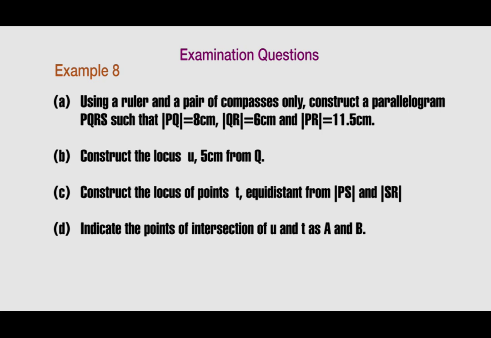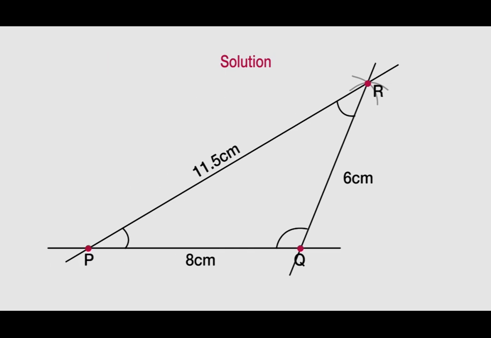Let's take the solution. First, we will construct triangle PQR, which is a triangle with all sides given. Next, we want to locate the vertex of the parallelogram. Open your compass to a distance of 8 centimeters, and with the compass point at R, scribe an arc. This arc should be in line with the length PQ.